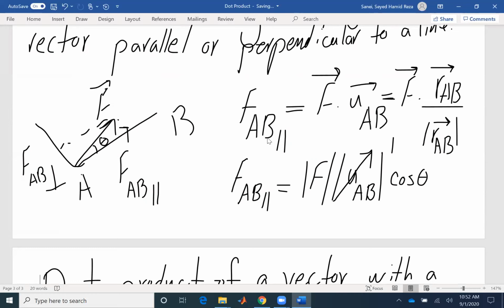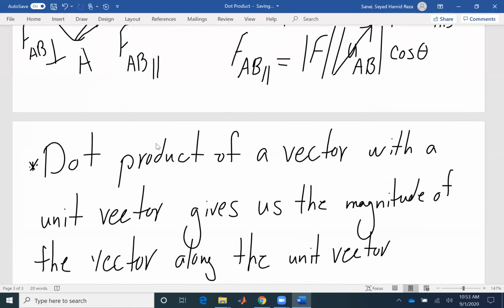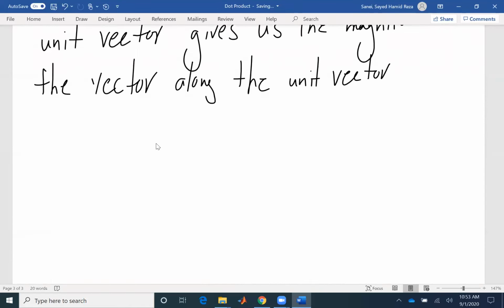If you're interested in a vector form, how can we change a magnitude to a vector? You just need to multiply it by U AB. I use multiply because I'm talking about the multiplication of a scalar with a vector. So if I want to find F AB, the parallel component, but in a vector form, that's what this arrow is representing.